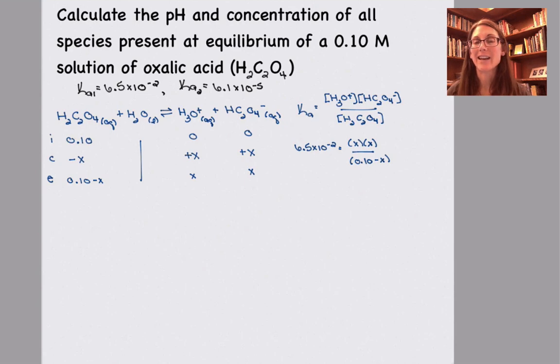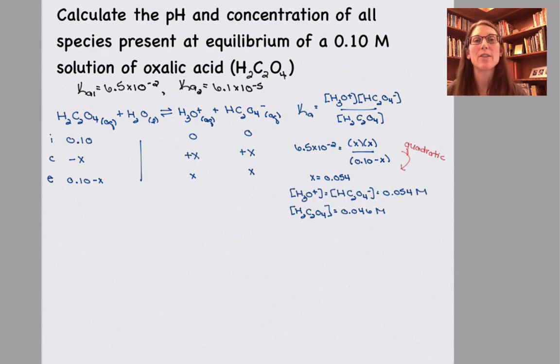So sadly, I can't use our friendly approximation of x being much less than the starting concentration. So you'd actually have to solve this one with a quadratic formula. And you'll find your value for x to be 0.054 from that quadratic formula. And so we can find the concentration of all our different chemical species, and we can find the pH is 1.27. So this first deprotonation is going to determine your value for hydronium.